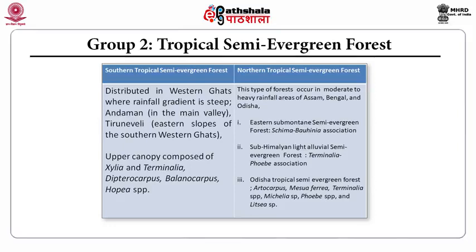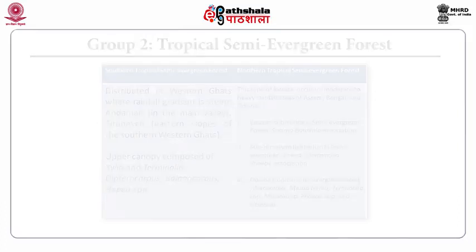In the Eastern sub-mountain semi-evergreen forests, we have the Schima and Bauhinia associations. Then we have the sub-Himalayan light alluvial semi-evergreen forest having Terminalia. Odisha tropical semi-evergreen forest has a predominance of Artocarpus, Mesua, Terminalia species.